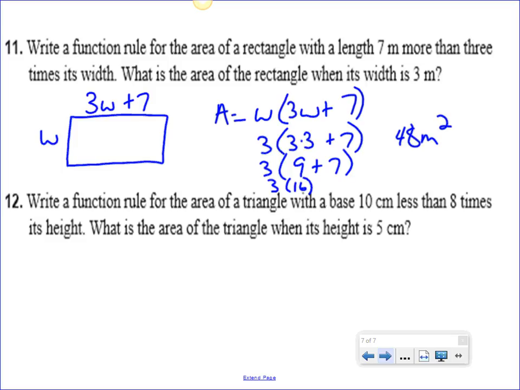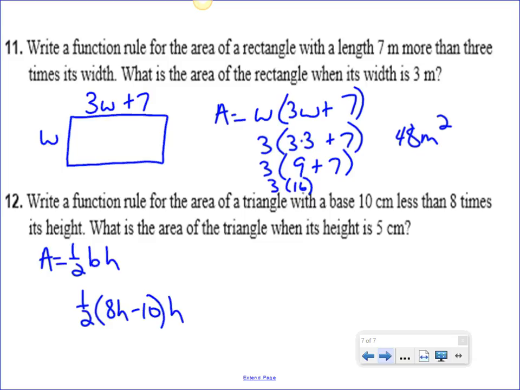Okay, next one. It says write a function rule for the area of a triangle with a base 10 centimeters less than 8 times the height. What's the area of the triangle with a height of 5 centimeters? Again, area of a triangle is 1/2 the base times the height. The base is 10 centimeters less than 8 times the height, so 8 times the height minus 10, and then times the height.